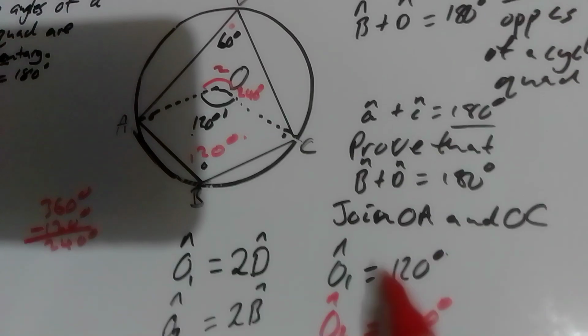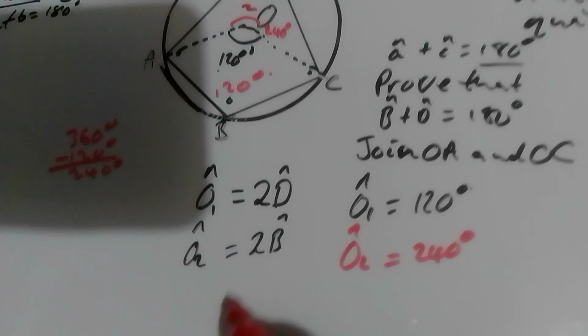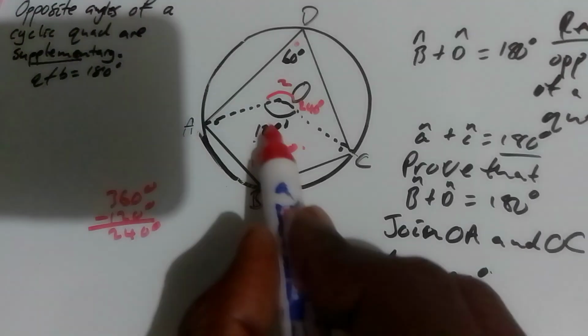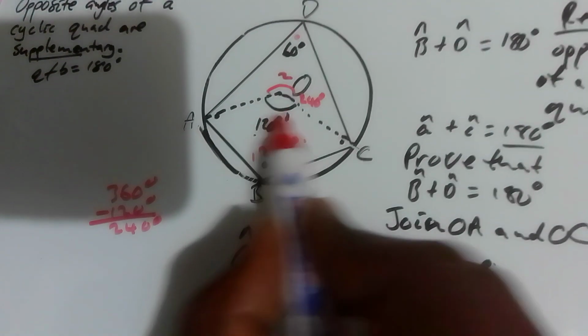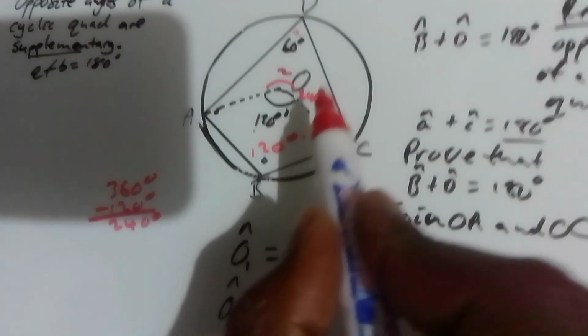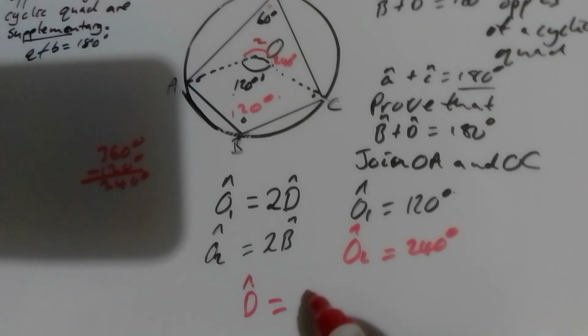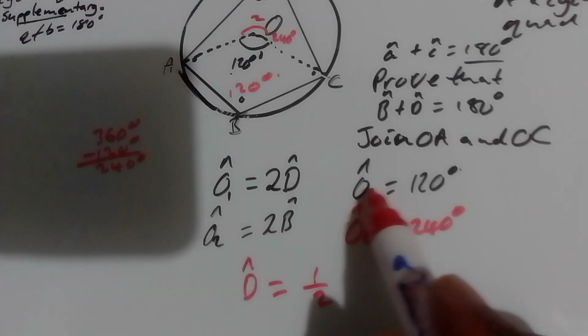And I now say, remember, O1 is 2 times bigger than angle D. So when I now write the equation, I write that angle D is equal to, remember, angle O1 is what? Half angle D. So now I write half angle O1.